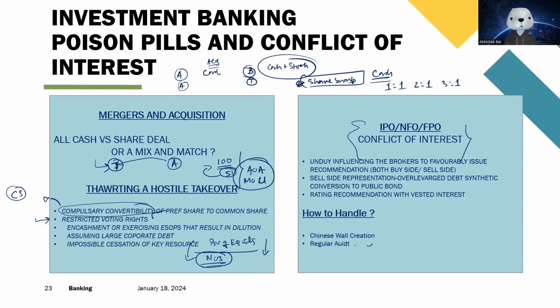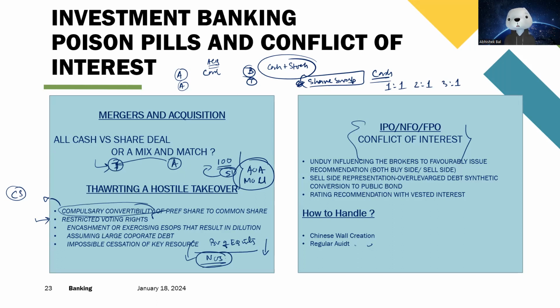Last would be impossible cessation of key resources. A recent example of the takeover of Twitter by Elon Musk is one of the prime examples that I could think of, where cessation of some of the resources was made impossible for some period of time after the takeover of Twitter.